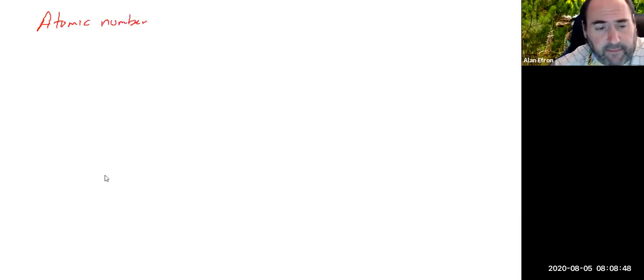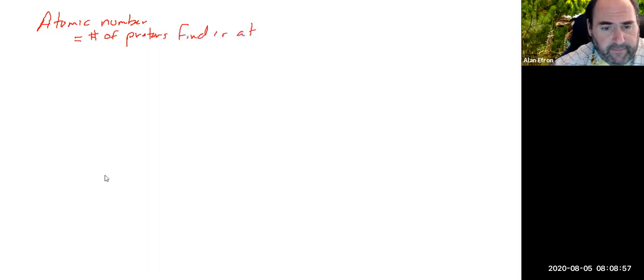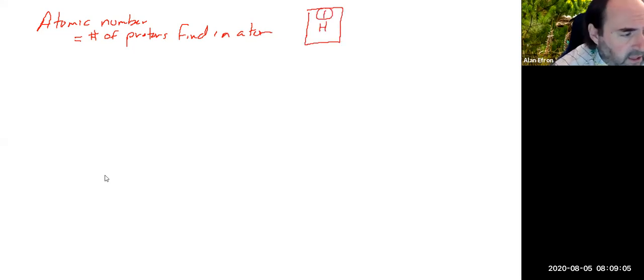The atomic number is the number of protons you find in an atom. And remember that the atomic number is found on the periodic table, and it is that number that is typically up on top of the symbol when you look at it.